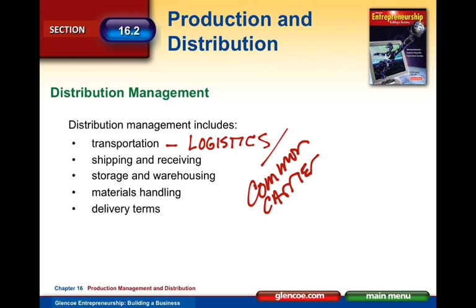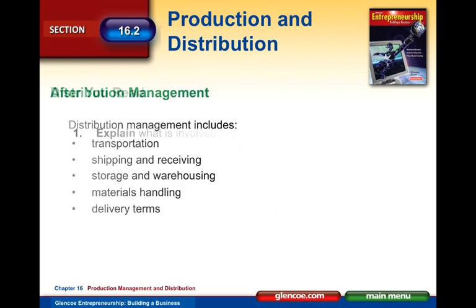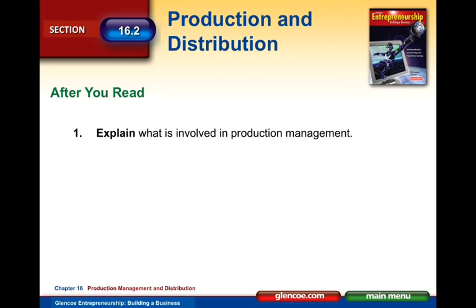So, what's involved in production management? Okay, so it is really three things. You're going to acquire the resources needed to create the product. You're going to plan how to convert those resources into products, and you're going to make sure the product meets some set standards, right? What about the activities that are part of the distribution management?